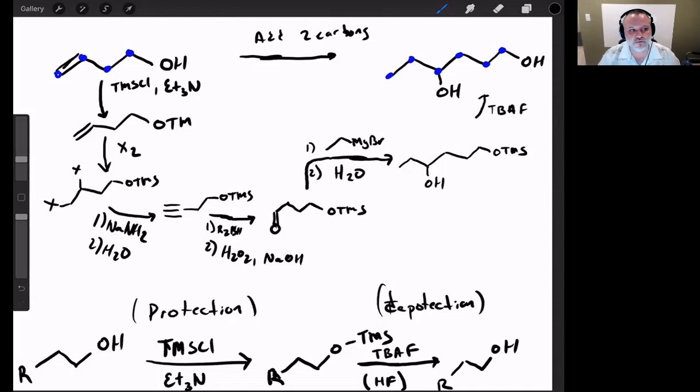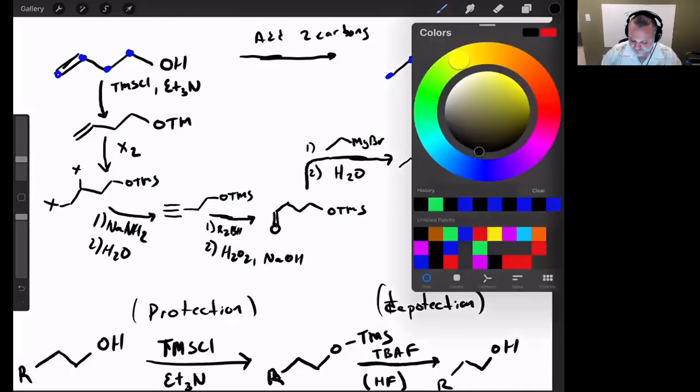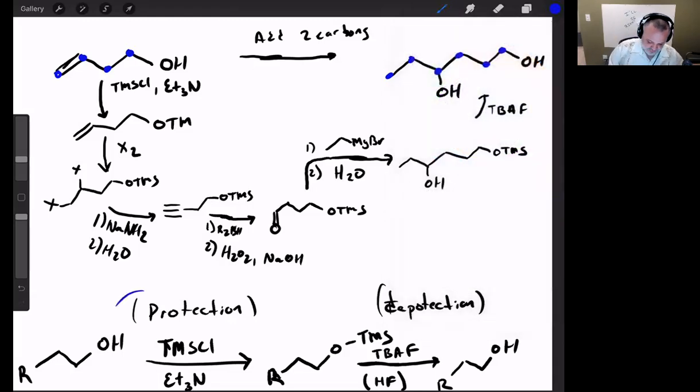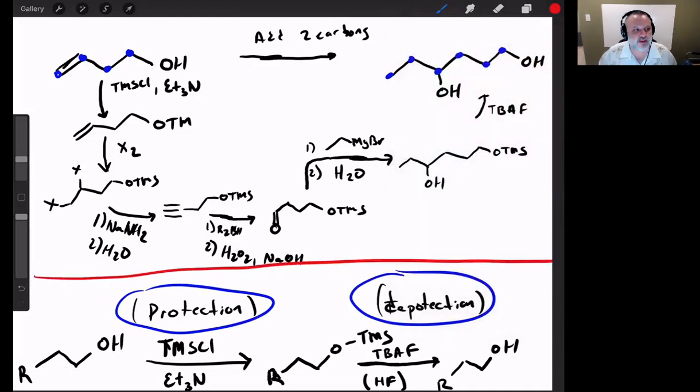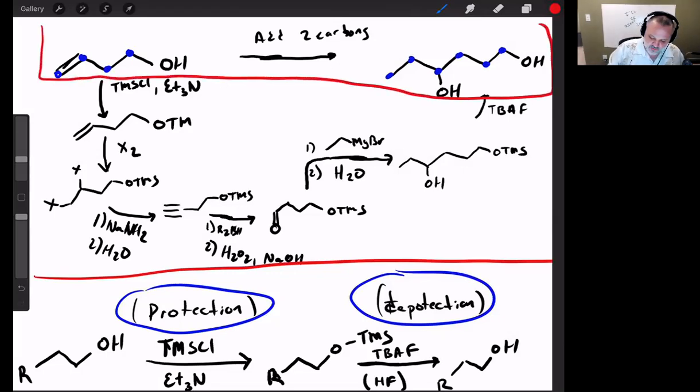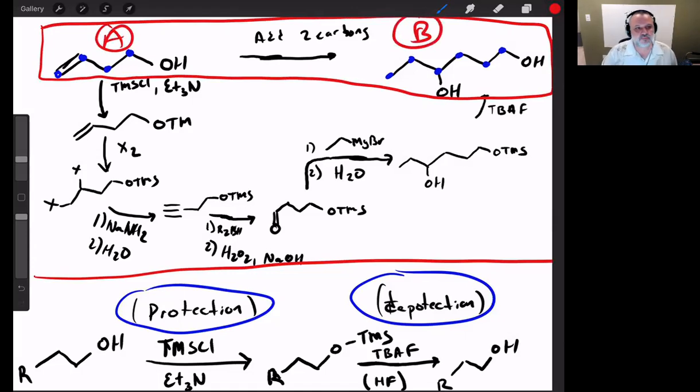In order to use a molecule that already has an alcohol group in a subsequent Grignard reaction, I have to first protect it and then deprotect it in this series of reactions below the red line. We were given a synthesis problem such that I wanted to transform A into B.